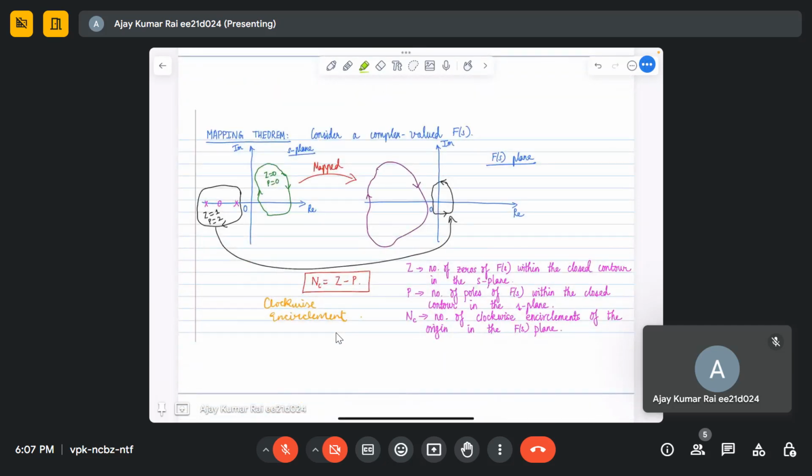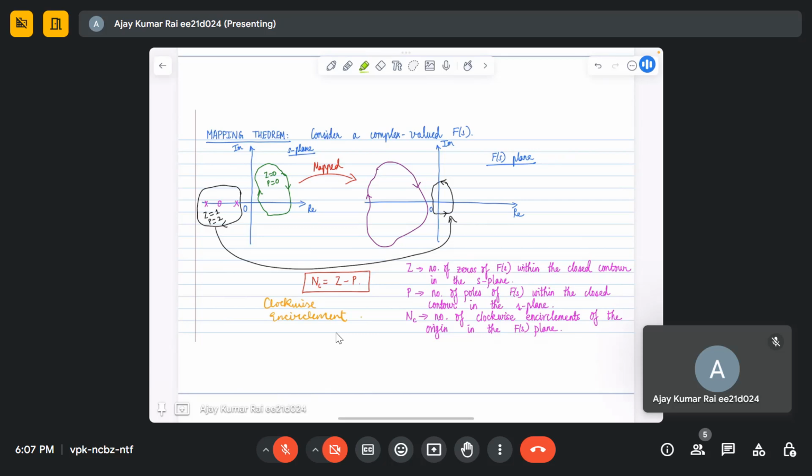For that we have seen the mapping theorem. What we are doing here is mapping a closed contour in the S plane to the f of S plane. We have the complex valued function f of S, and we take a closed contour in the S plane, here the green and the black one. Correspondingly we map each point in this contour to the f of S plane.